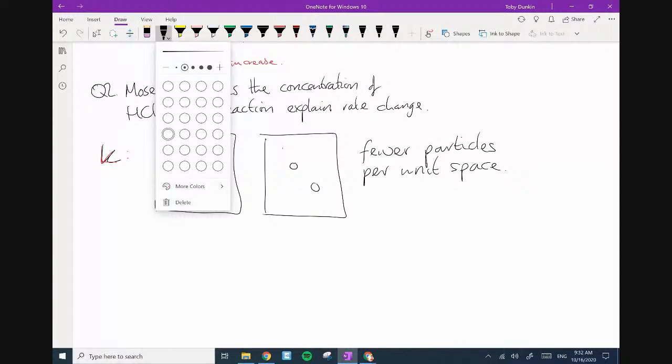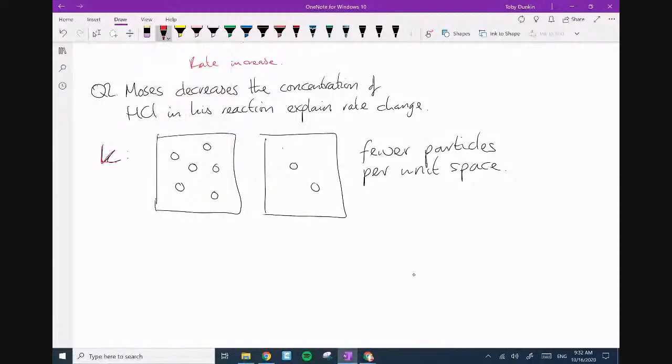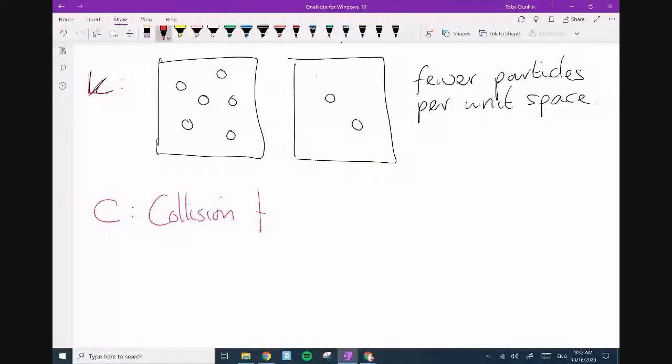Okay, collisions. Collision frequency will therefore decrease. If there are fewer particles in the system, then they're going to collide less frequently.